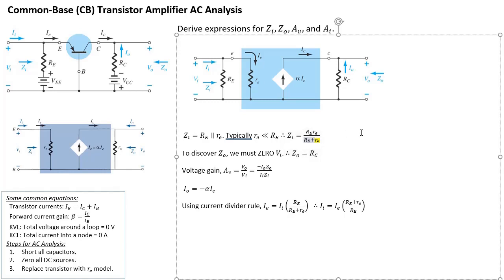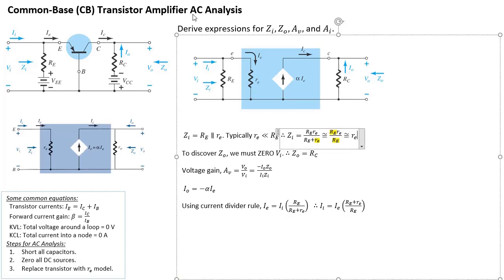So this is approximately equal to capital RE at the top divided by RE, and of course, big RE will cancel out top and bottom, therefore leaving just a little re as the final outcome.